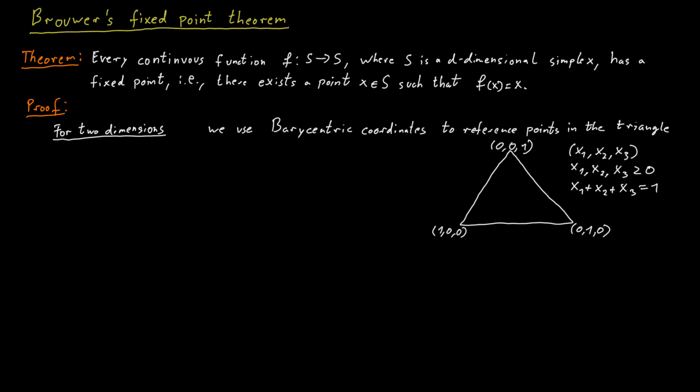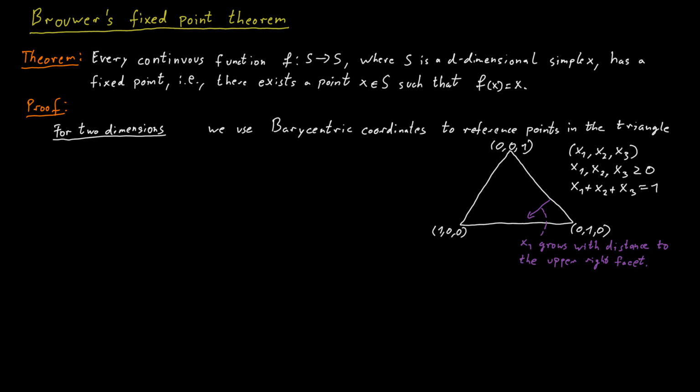And the way you should think about this is that, for example, the first coordinate, x1, grows with the distance of the point to this upper right facet. Right? And then the second coordinate, for example, would grow as you move further away from the bottom line of this triangle. So that's how barycentric coordinates work.